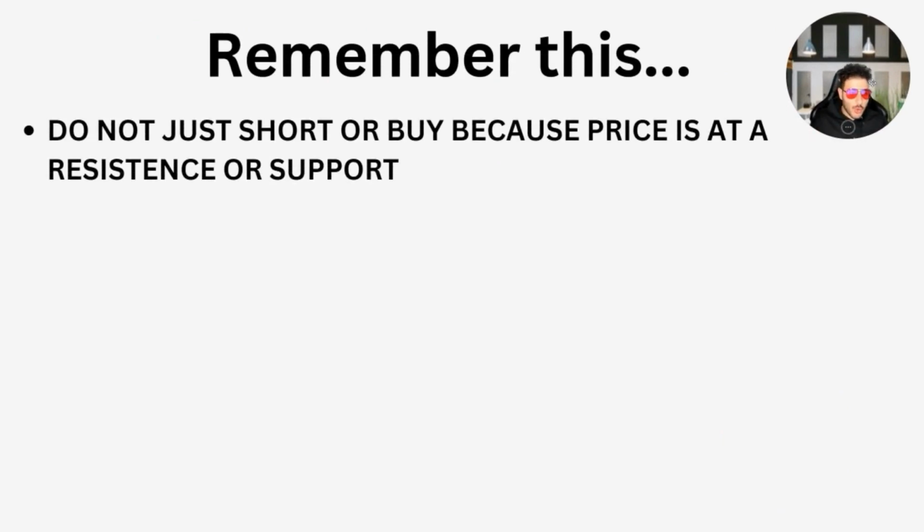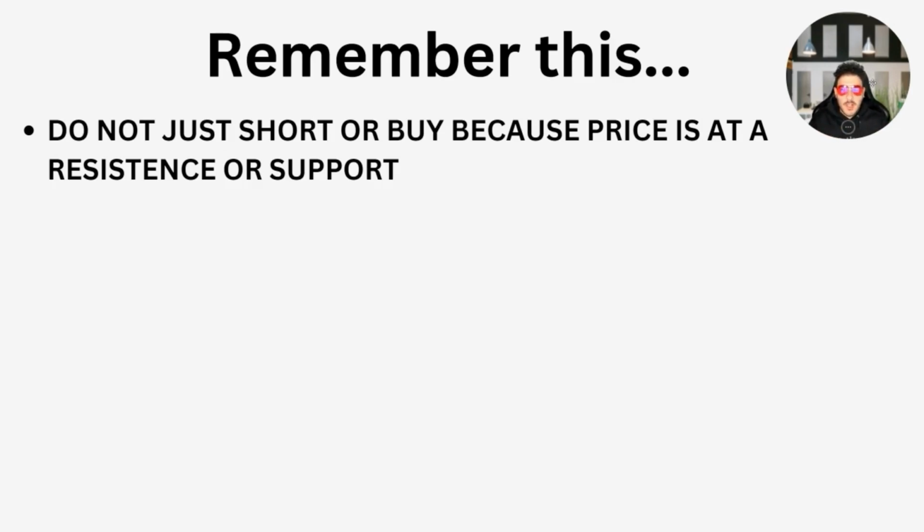Now, remember this. Do not just short or buy because price is at a resistance or support. That is the biggest thing that I think a lot of beginner traders, even some intermediate traders, get wrong. They have this misconception that if price is at a resistance or a premium, they just automatically sell. You want to have a framework. If you're going to go short, is there an opposing liquidity pool or reference points that you can target?